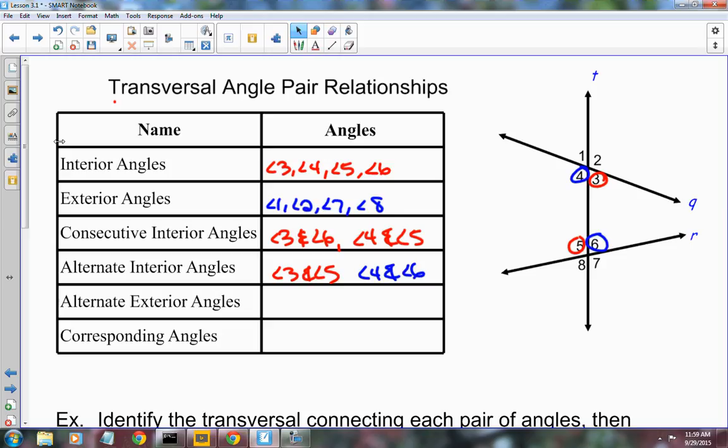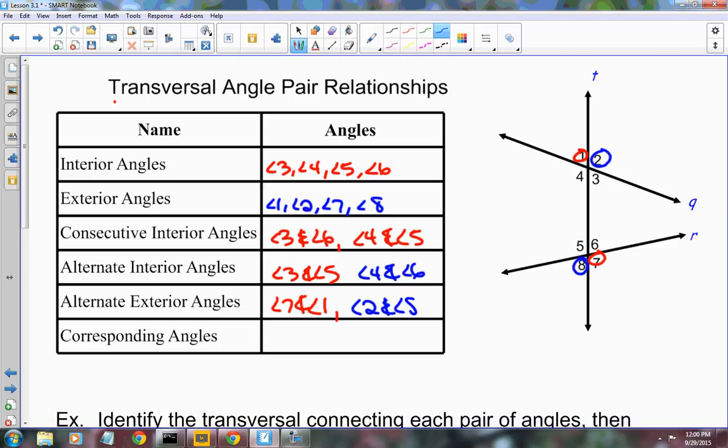Then we have alternate exterior angles, which is the exact same thing as alternate interior, except they're in the exterior. All right, so what would that be? Angle 7 and angle 1 would be one pair. And angle 2 and angle 8 would be the other pair. Okay, so those are alternate exterior angles.